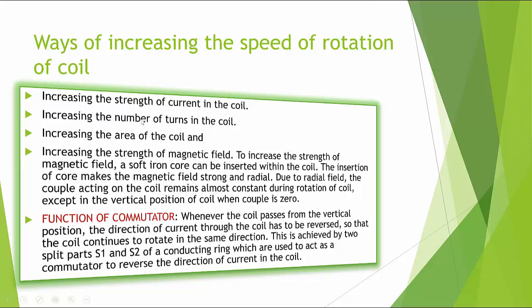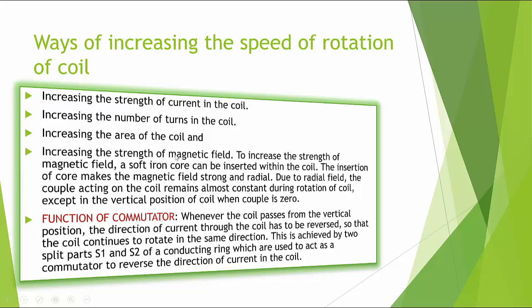Secondly, increase the number of turns in the coil. There is a single turn armature coil that I have shown in the video. But to increase the speed of rotation, we can use more number of turns. Then we can increase the area of the coil.